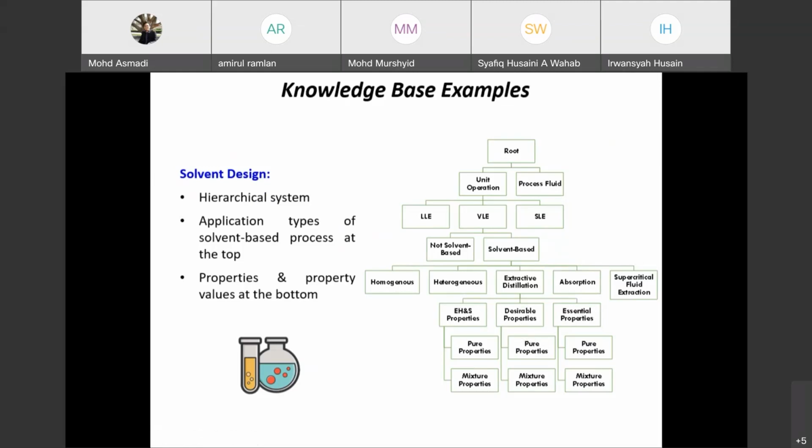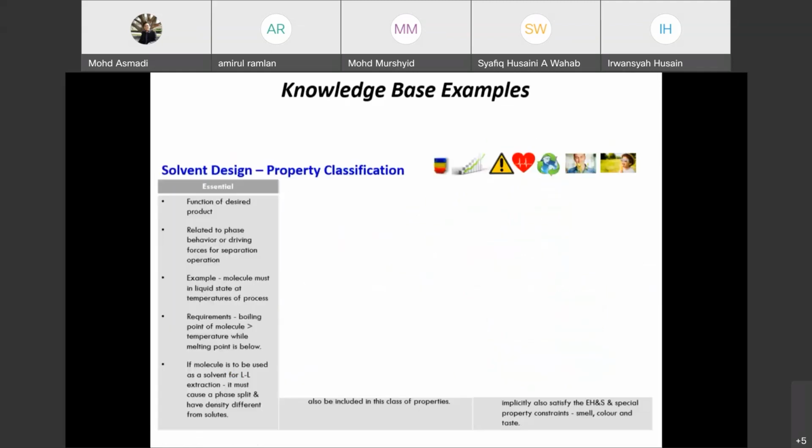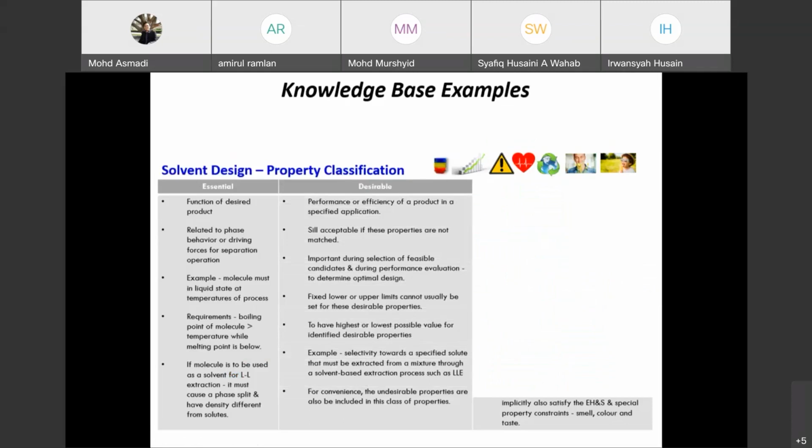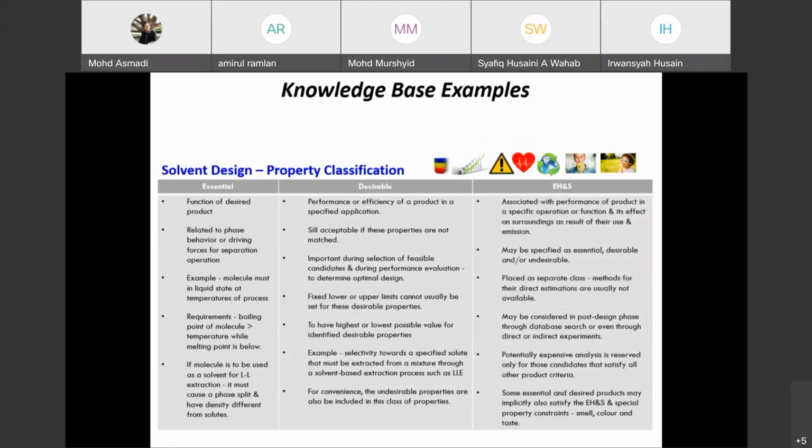Okay, and for the difference right, between essential, desirable and also EHS ni boleh tengok kat sini lah. Selalunya essential kalau tengok kat sini function of desired product. Kalau desirable, performance associate of the product in the specified application.